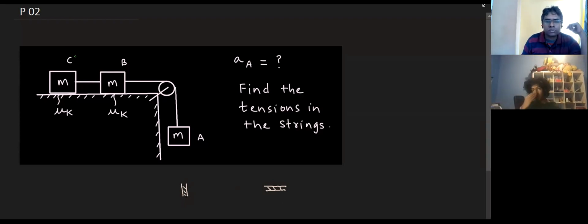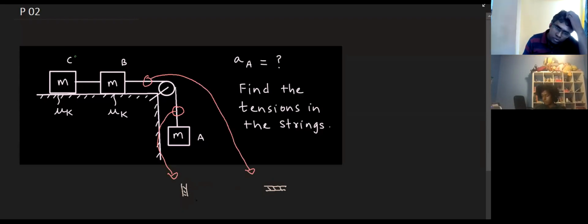Now, if this is the section, let's say from here I have pulled this, and from here I have pulled this section. The force in the downward direction, if I call it T1, and the force coming from the upward direction, T2.